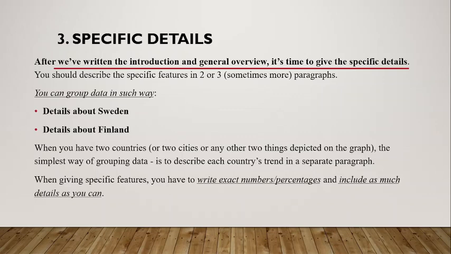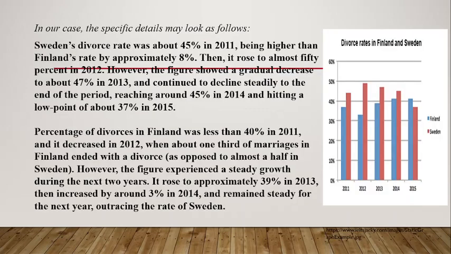Also, guys, you can stop this video right now and think about your own specific details. Here, guys, is the example of how I wrote them. In our case, the specific details may look as follows. You can also read them in your own way, stopping this video.